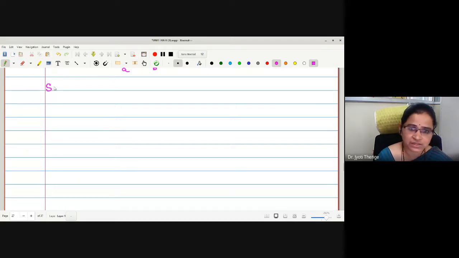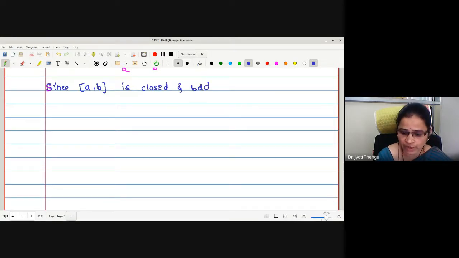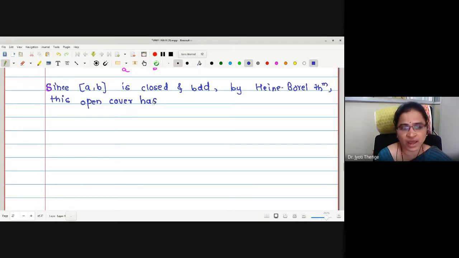Therefore, let me write: since this closed interval [a, b] is closed and bounded, by the Heine-Borel theorem, this open cover has a finite subcover.